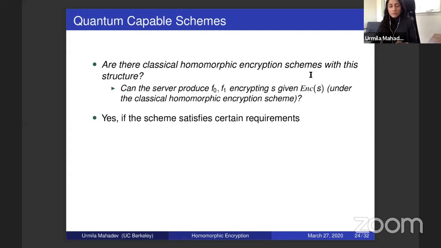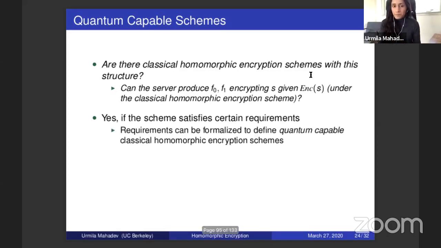So what I'll do now is start with the encryption of S and define the pair of functions F0 and F1. Then I'll say that if the classical homomorphic encryption schemes satisfy certain requirements, then F0 and F1 actually constitute a TCF pair encryption. The next step is to put all these requirements together.